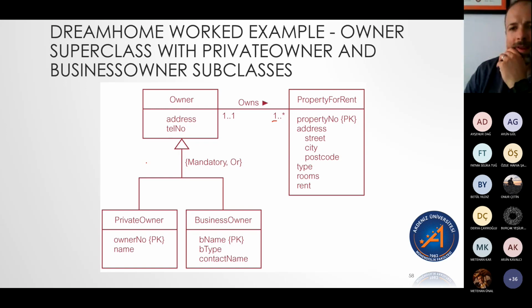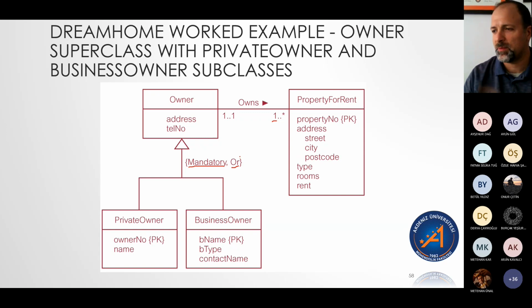An owner can be a private owner or a business owner, but not both, right? The or means they can't be both. Zer Haselin, yeah, the has to be, right? Mandatory. They must be one or the other. And so we combine that with Metahan's response and we say they have to be one or the other, but they can't be both. Okay.